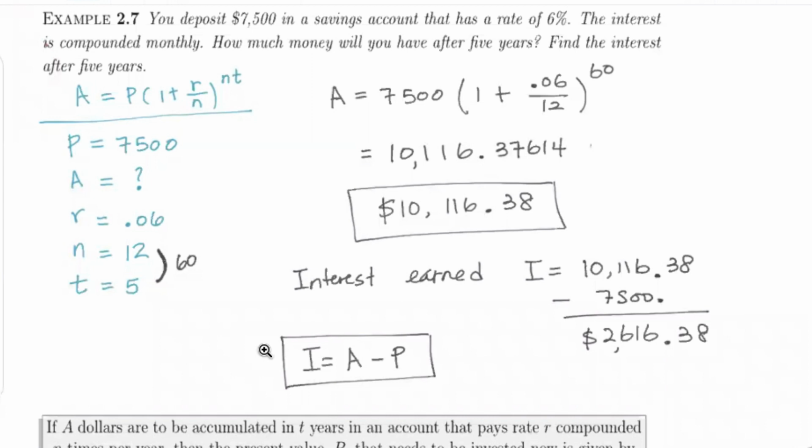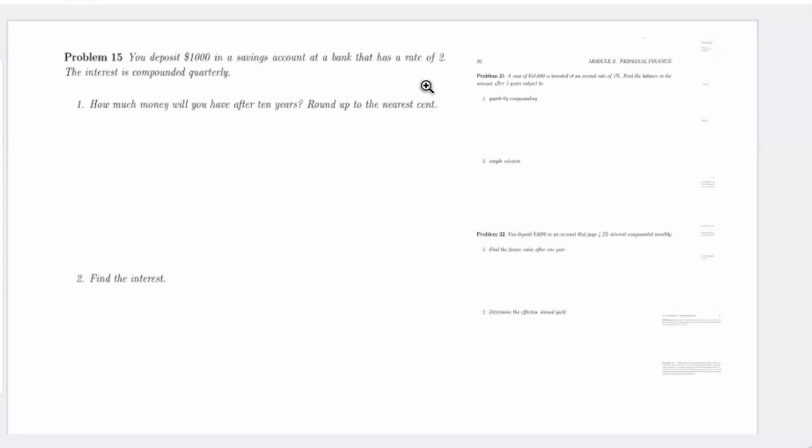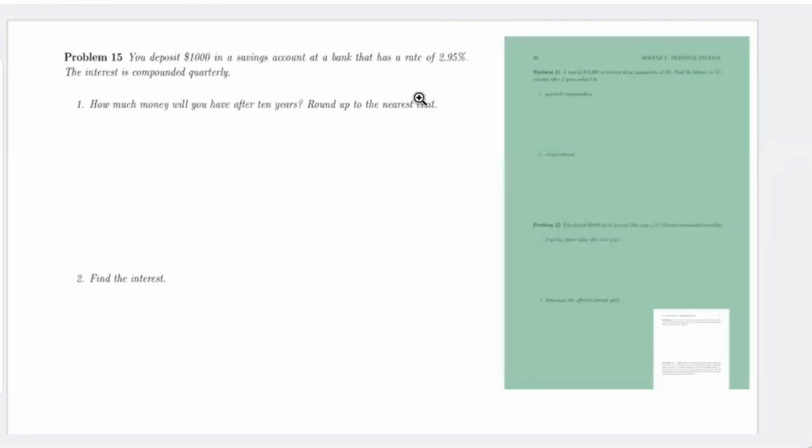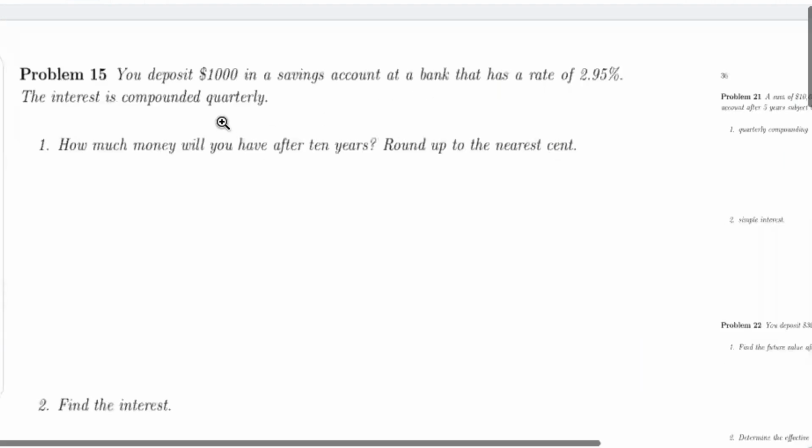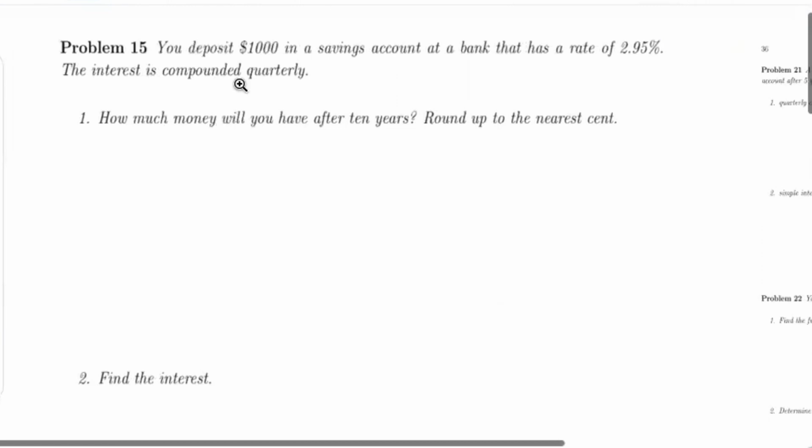So let's have an example. There's lots of stuff here, so I want to go over more examples. All right, try number 15.